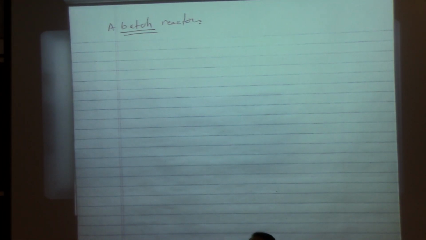We have a certain amount of moles of A, and then moles of B, C, and D that are consumed or produced. For flow, this N is converted to F. We say FA, FB, FC, and FD. So it's very similar, but we just follow the routine that we did in the previous chapter. I start with the batch system, and then I will generalize it to the flow reactors.